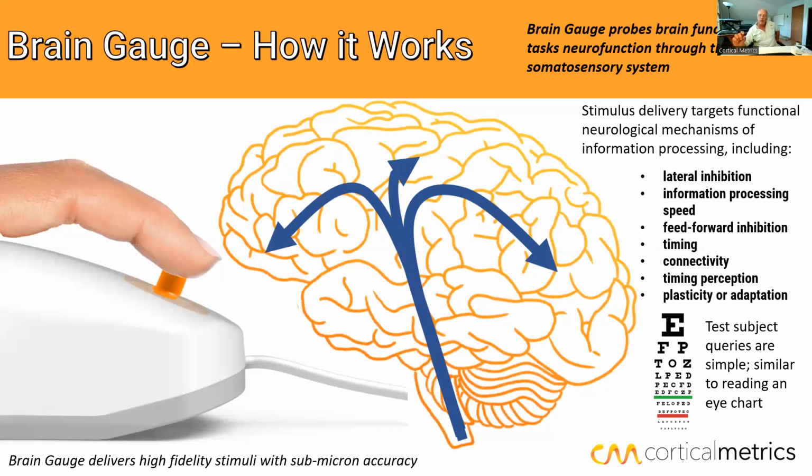We're trying to figure out how well your brain can work. How well can it focus on a particular point? That's what some of these tests do. They hone in on specific points to target these different neurological mechanisms. When you do this, you can probe different aspects of neurofunction through the somatosensory system rather than just asking someone, how do you feel? Because that's really a poor way to find out if somebody's brain is working.